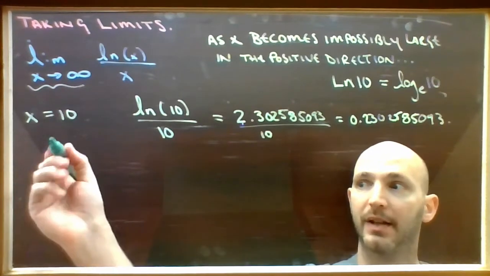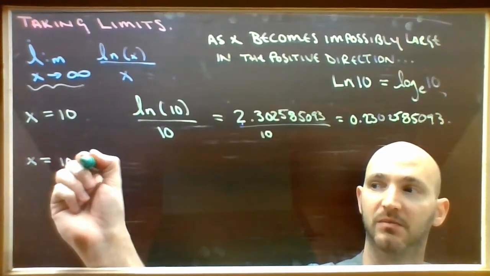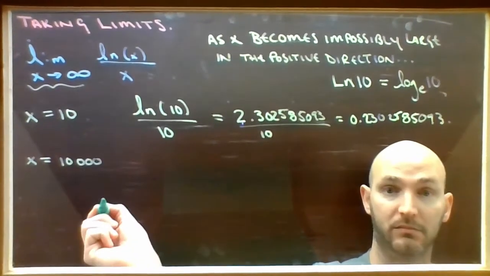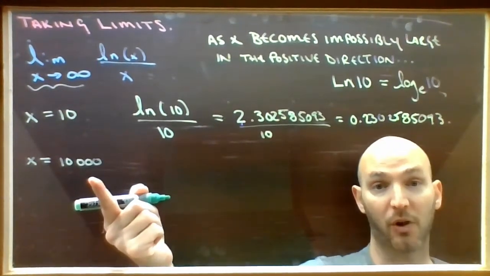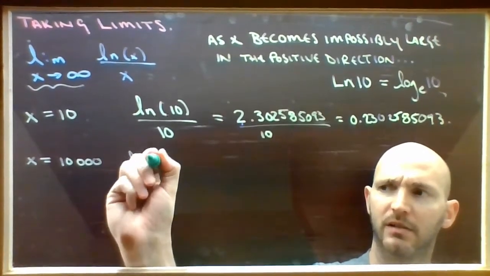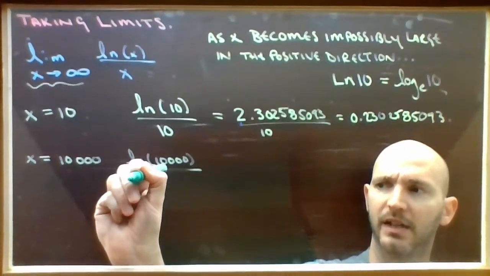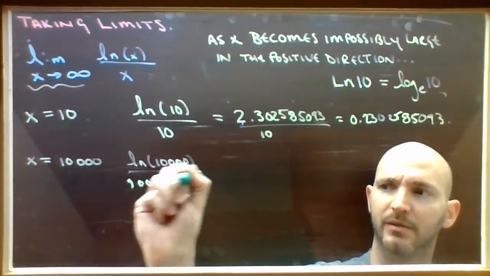Okay, good. Now, from here, I need a number that is closer to infinity than this one is. So let's go with 10,000. That is definitely approaching infinity, and it's closer than this was. So ln of 10,000 divided by 10,000.